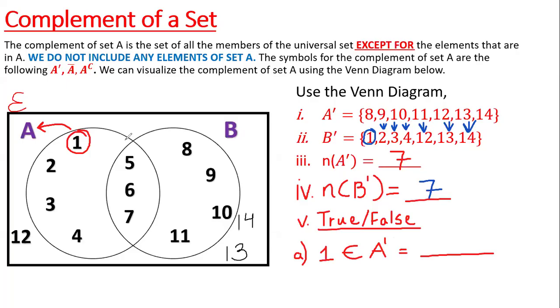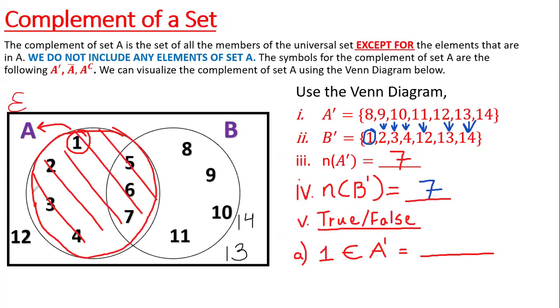Because remember, for the complement of A, we do not include any of the elements in A. So we cannot include any of these in it. All right.